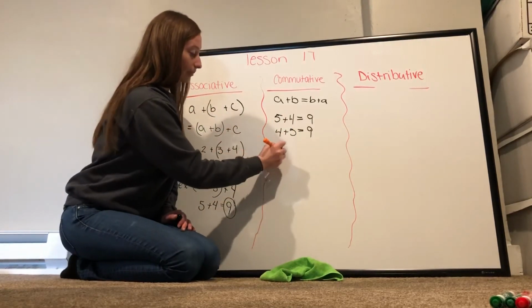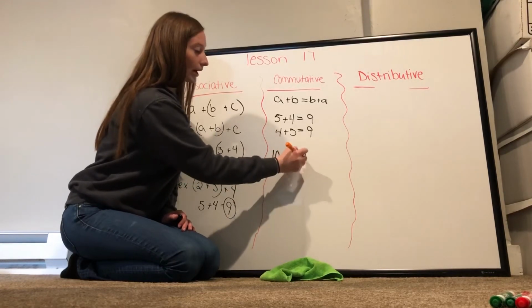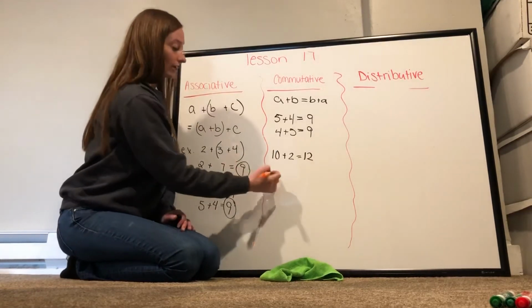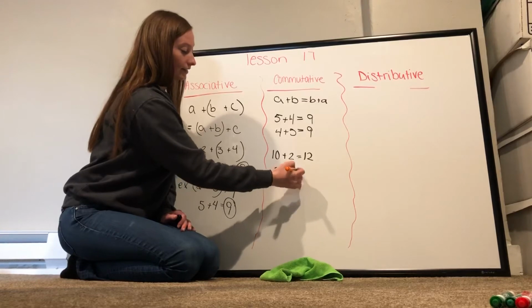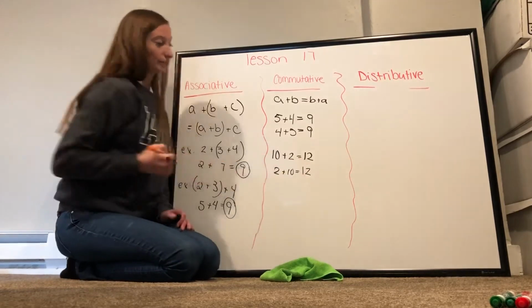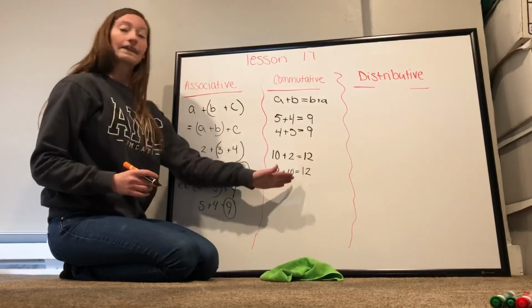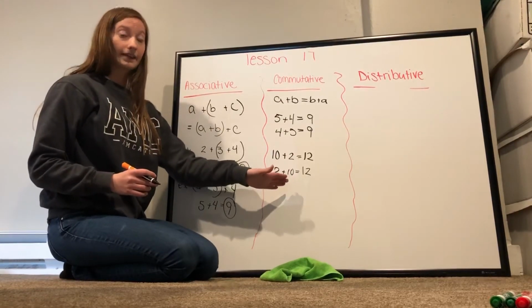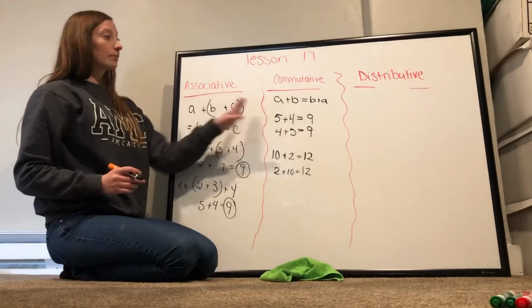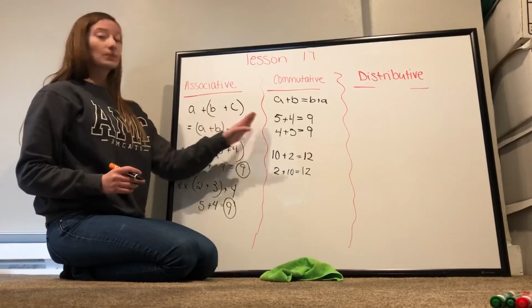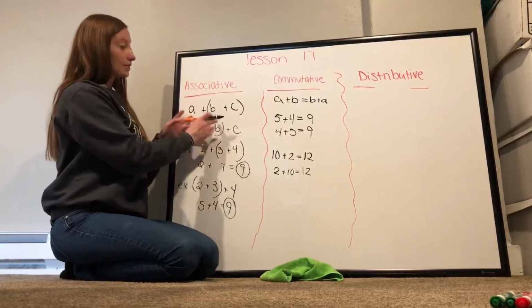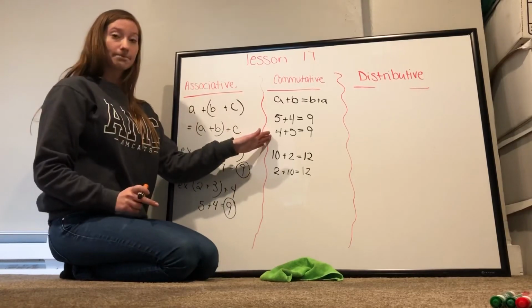If I do 10 plus 2, that equals 12. But if I switch it and do 2 plus 10, that still equals 12. So as you can see, no matter how many different ways I wrote it, I still got the same value in the end. One thing you want to make sure you know that's different between these two, this one has parentheses, this one does not.